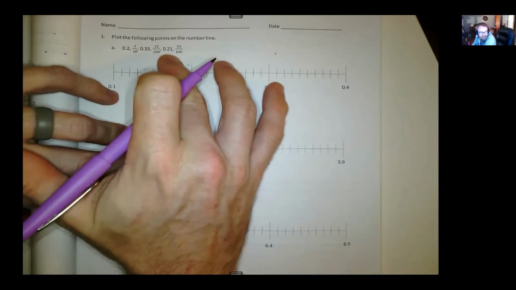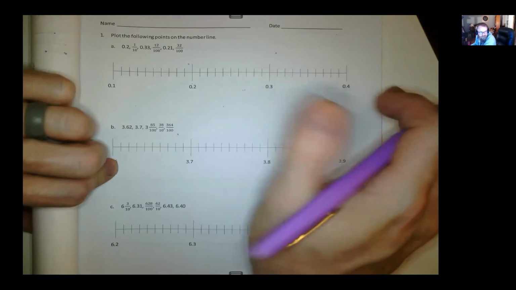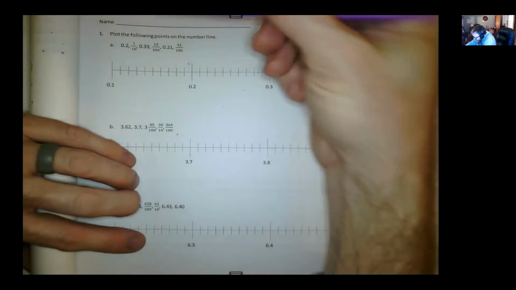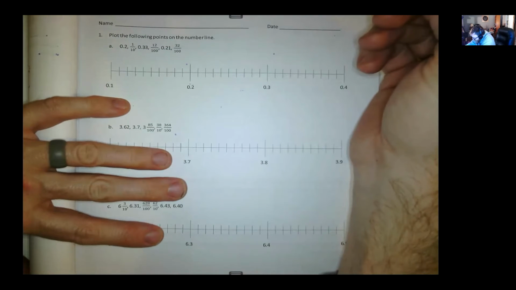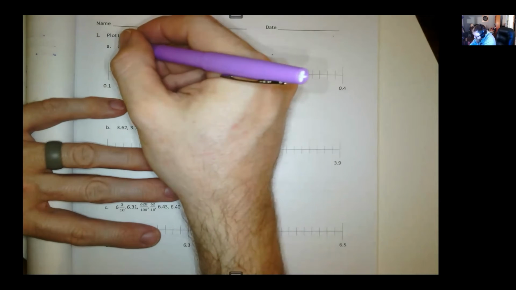The tricky part is they give you these values written 2 different ways, in decimal and fraction form. So we need to be able to read these values both ways and compare them. And since our number lines are written in decimal form, we're going to need to take our fractions and rewrite them as decimals. Okay, so our first value is 2/10.